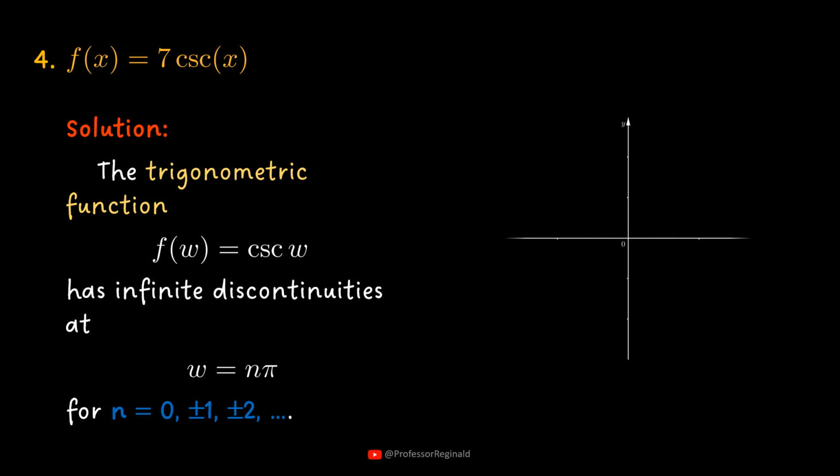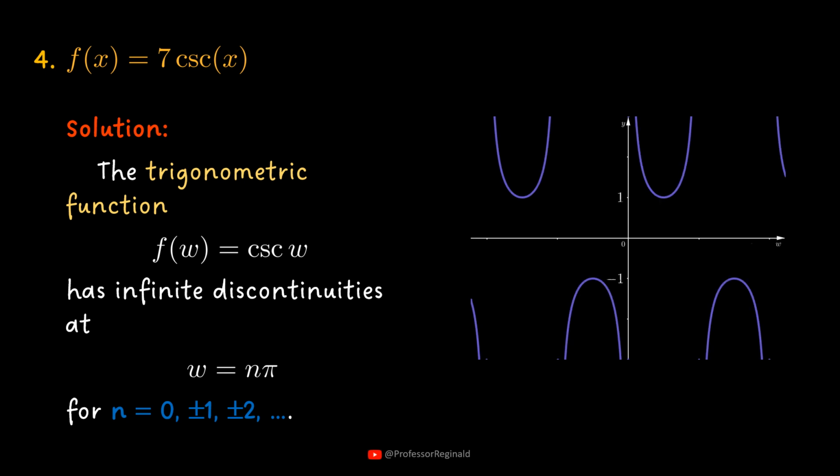The figure on the right illustrates the graph of f in terms of a temporary variable w. F of w equals the cosecant of w has infinite discontinuities at w equals 0, positive or negative pi, positive or negative 2 pi, and so on.